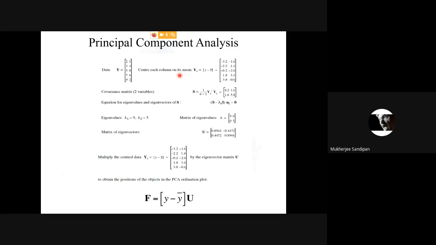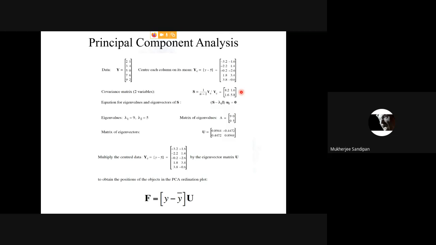Just briefly about the mathematics of this method: assume this is your community data, and 2, 3, 5, 7, 9 shows the counts at one location, and 1, 4, 0, 6, 2 is the count of the same species at another location. First, you subtract the mean value, and then you calculate the covariance matrix.